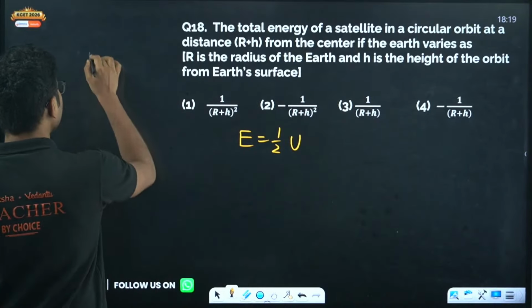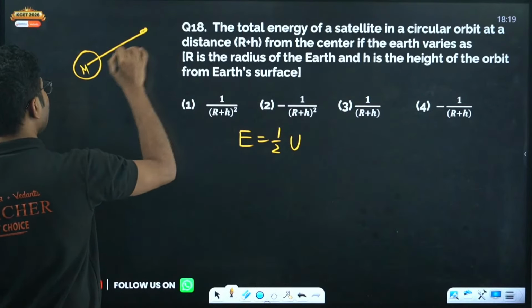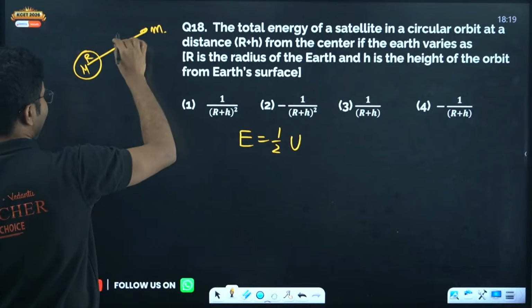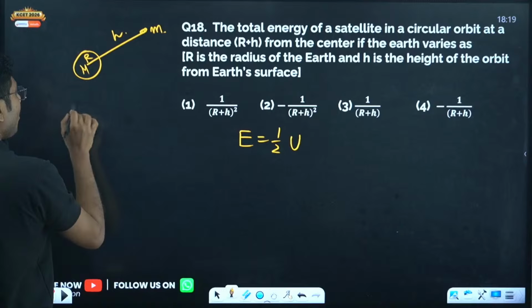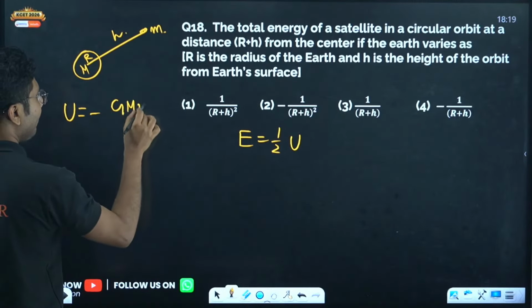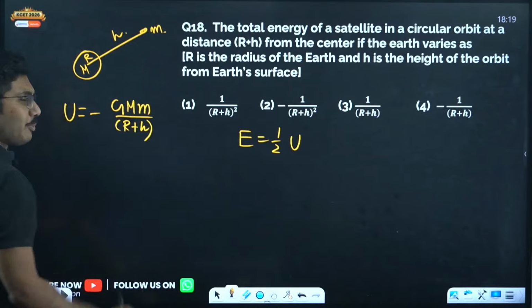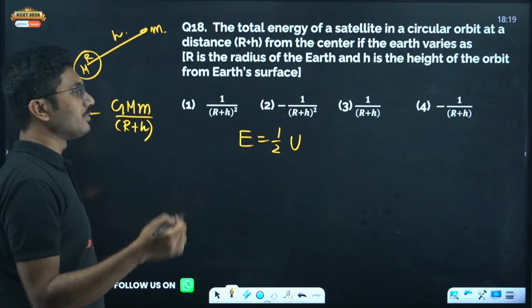Potential energy: suppose we have a planet of mass M here and a satellite of small mass m over here. The radius is R, the height is h. So what is the potential energy between them? Potential energy is given by minus GMm by R plus h. Total energy is always half of the potential energy.